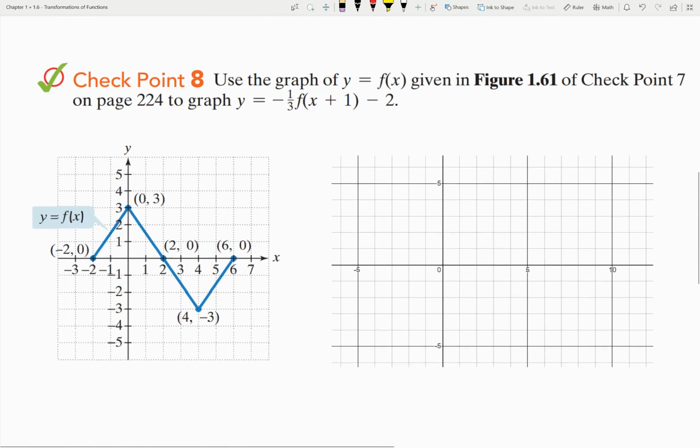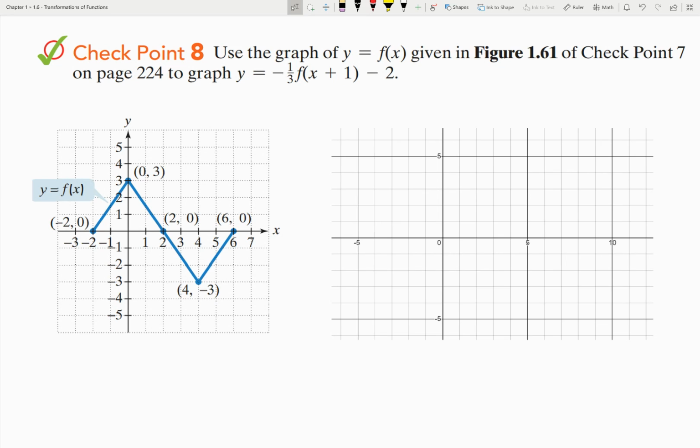Okay, let's try this other funky picture from the last checkpoint, and we're going to move it right 1, vertically compress by a factor of 1/3, reflect down 2. Okay, right 1 first.